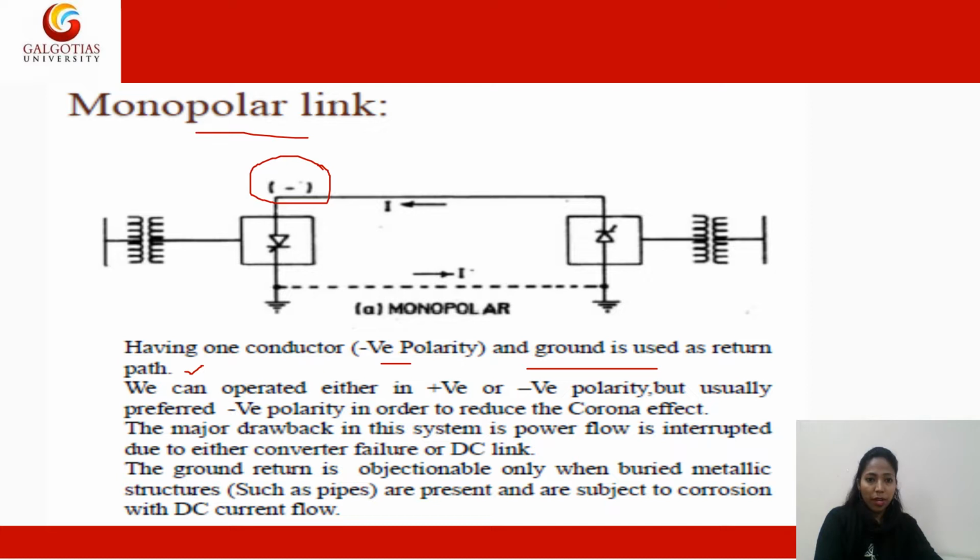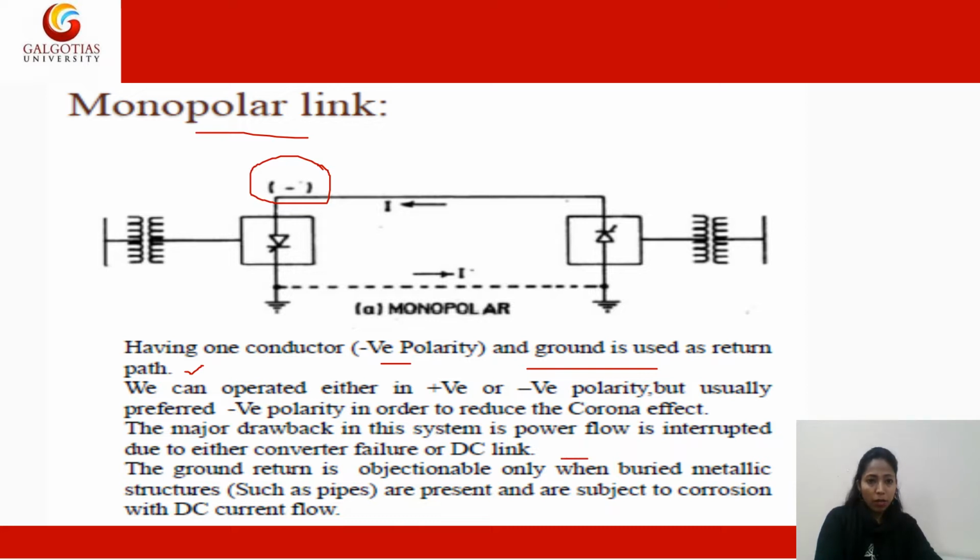We can operate in either positive or negative polarity, but usually negative polarity is preferred in order to reduce the corona effect. The major drawback in this system is that power flow is interrupted due to either converter failure or DC link failure.